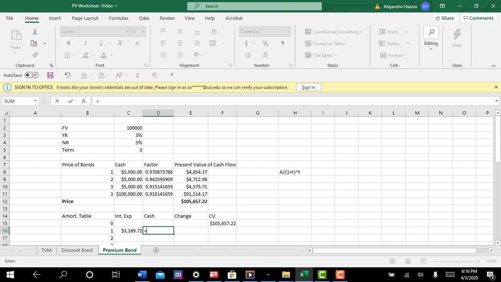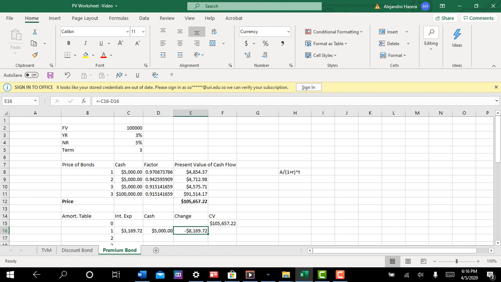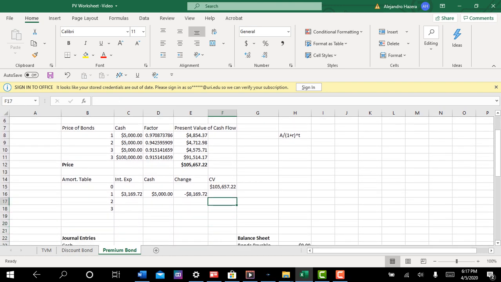Your cash is going to be $5,000 for year one. The change in the carrying value is still the interest expense less the cash. Notice that's negative, and it's appropriate that the change is negative because in this example we're working down from the 105 toward the face value.